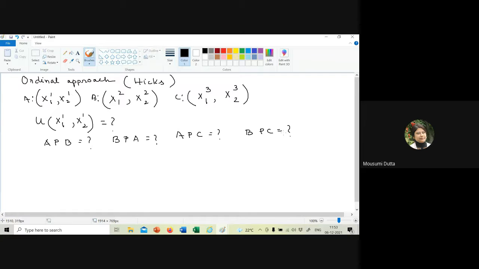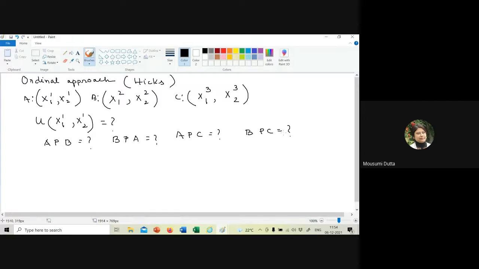Whereas Hicks started to say it is difficult to measure the utility or the satisfaction, which are abstract in nature, using some unit of measurement.